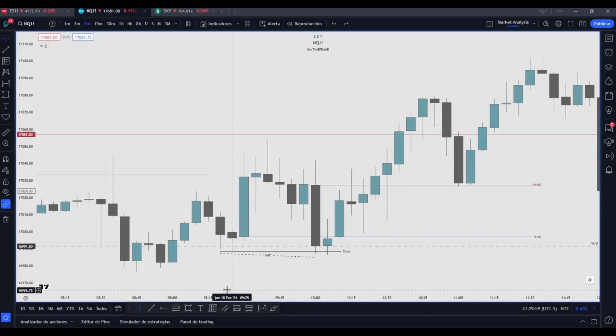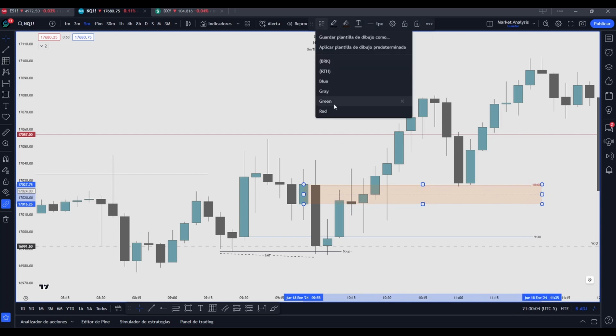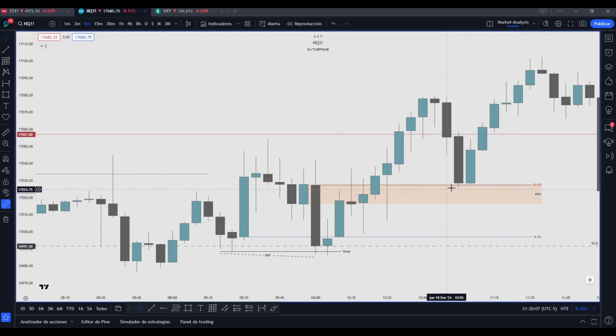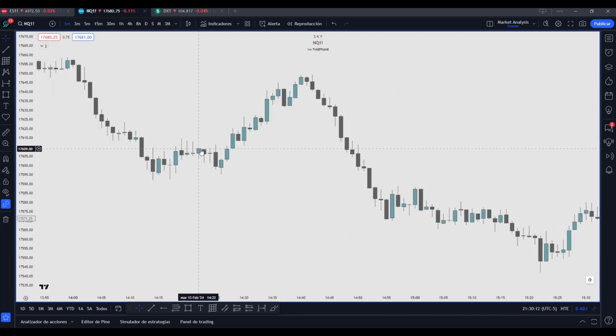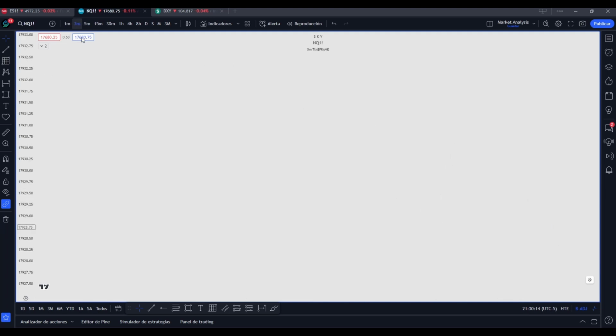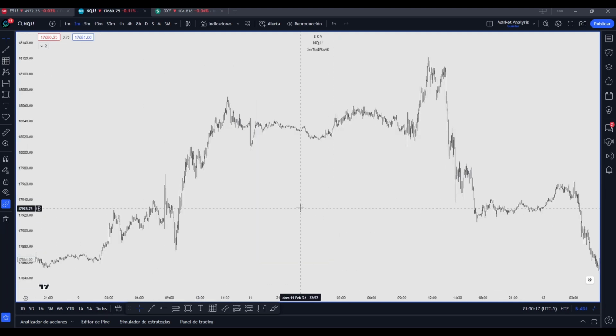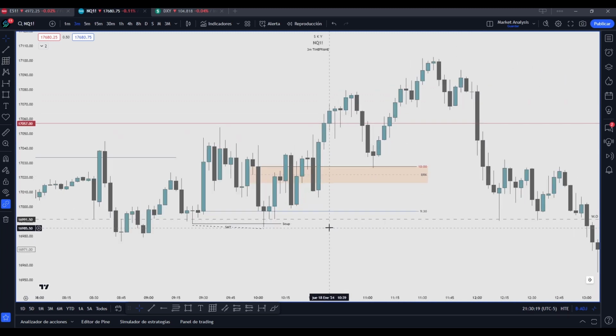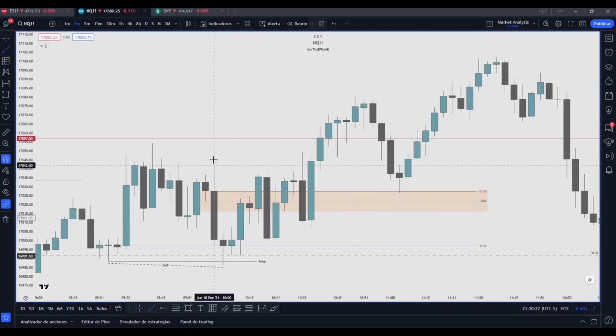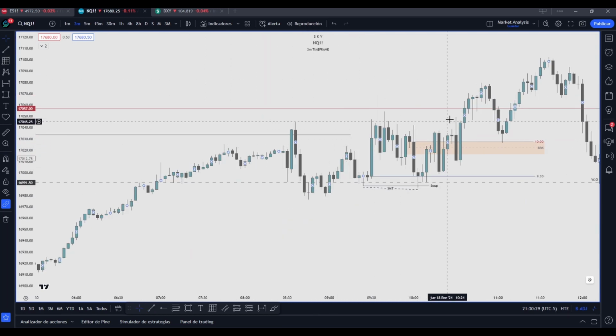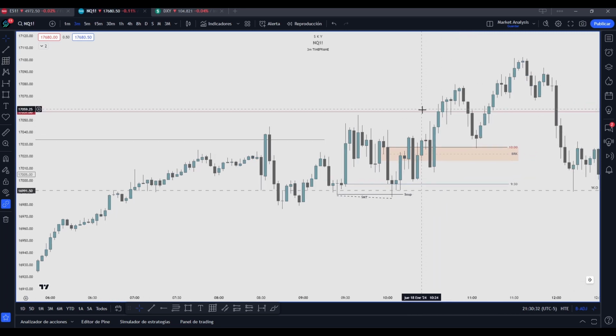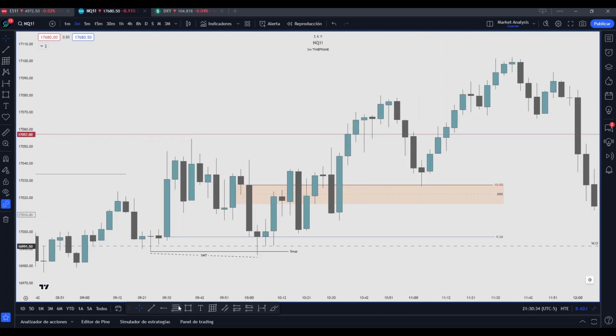So I would wait for price to come down, reaching as well our 10:00 discount, because you could easily get chopped out in this zone, maybe taking an L, even though our buy side liquidity was already taken.